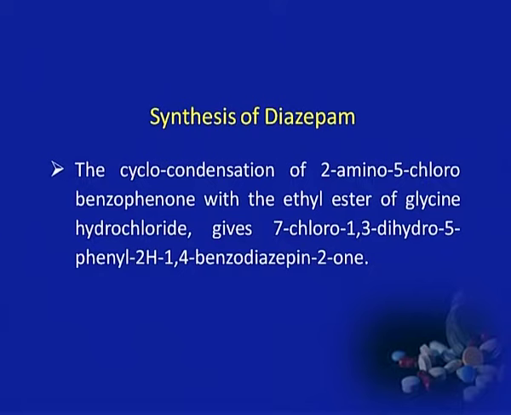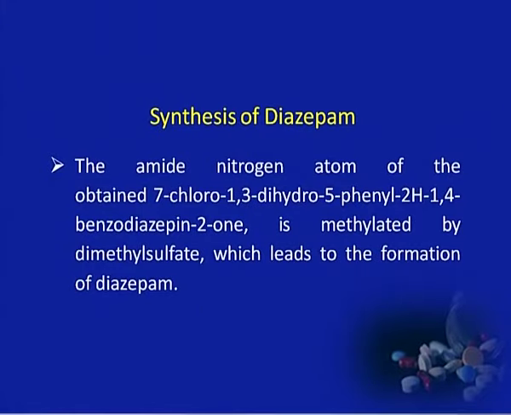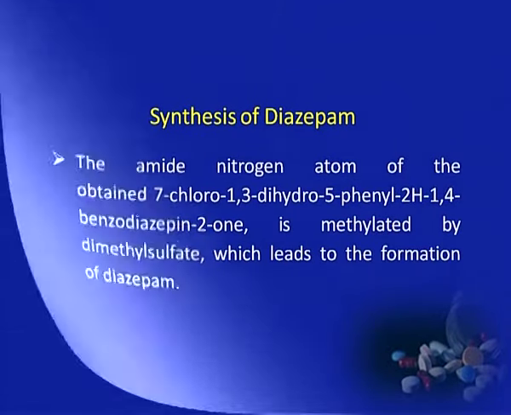7-chloro-1,3-dihydro-5-phenyl-2H-1,4-benzodiazepin-2-one. In the next step, the amide nitrogen atom of the obtained 7-chloro-1,3-dihydro-5-phenyl-2H-1,4-benzodiazepin-2-one is methylated by dimethyl sulfate, which leads to the formation of diazepam.